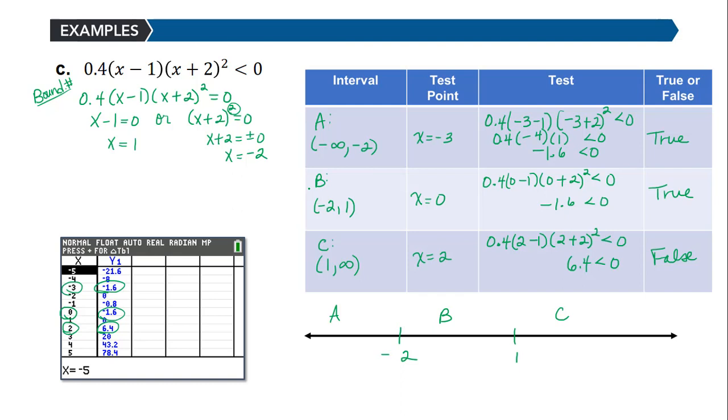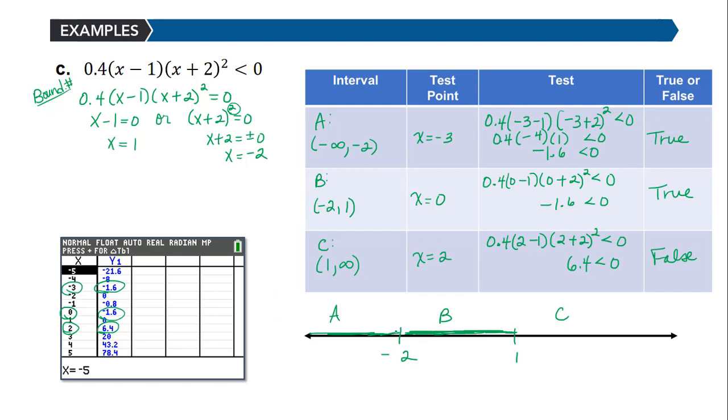And so we want to shade the regions that tested true. Those are the regions that contained x values which make the output negative, and that is region A and region B. So notice that we have two intervals right next to each other that are shading true. But I need to think about, do I get to include the endpoint? This is strictly less than 0, so I cannot include the boundary numbers, which I indicate with parentheses.